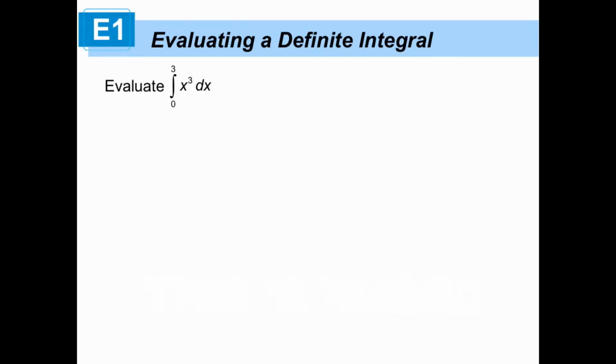Okay, so we've done this already. You should be able to take the antiderivative of x cubed. Peter, what's the antiderivative of x cubed? One-third x... You faded off there at the end.